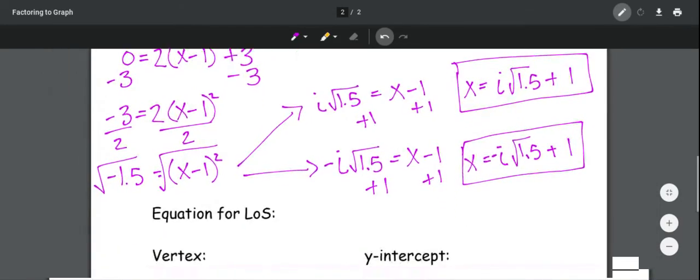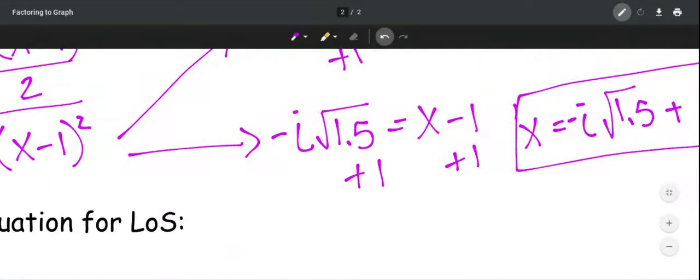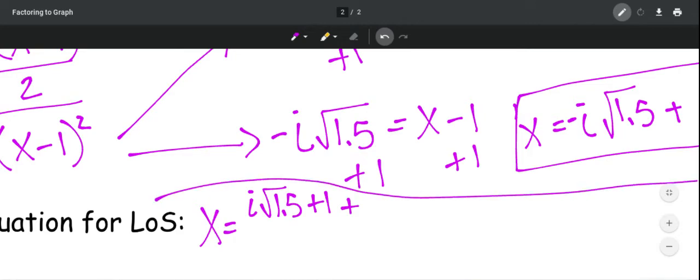So when that happens, when you're doing the line of symmetry, we're actually going to do it the exact same way, where you're going to add up the 2 and divide by 2. So, i square root of 1.5 plus 1 plus negative i square root of 1.5 plus 1, all over 2.